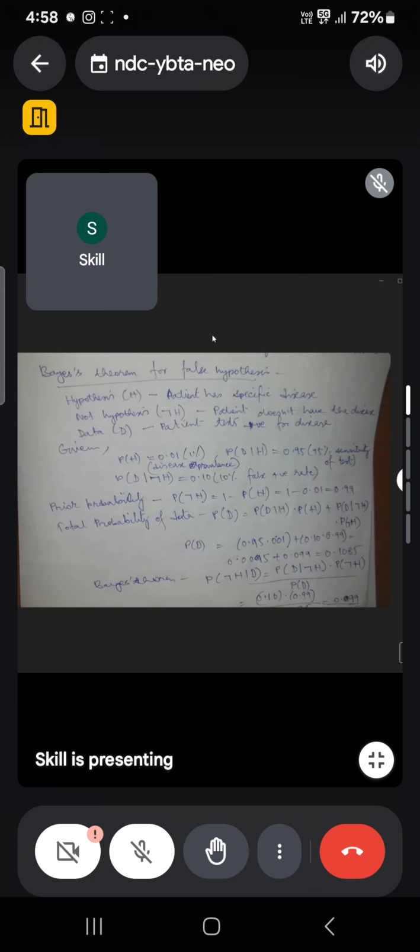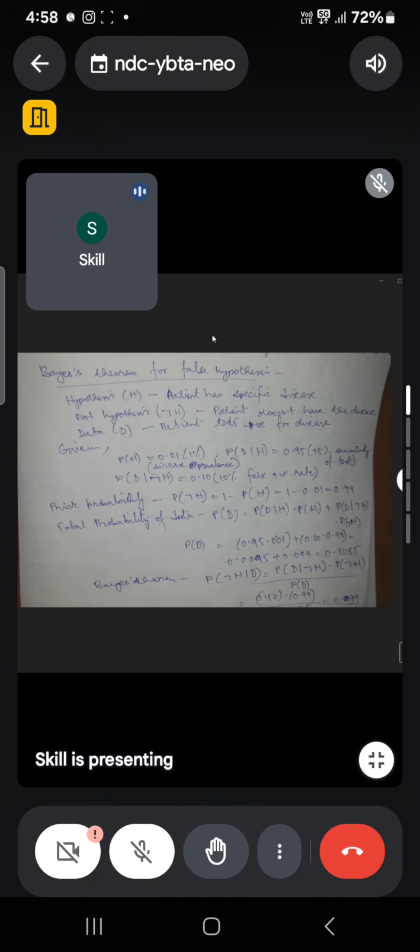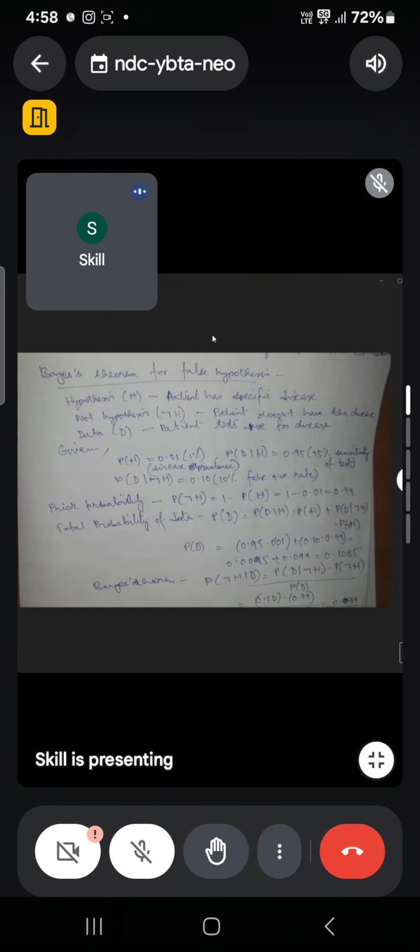Also, P(H) is given as 0.01, the disease prevalence, and the probability of positive given the hypothesis is 0.95, or 95%. That is the sensitivity of the test. And the probability of positive when the hypothesis is not true is 0.10 or 10%, the false positive rate.